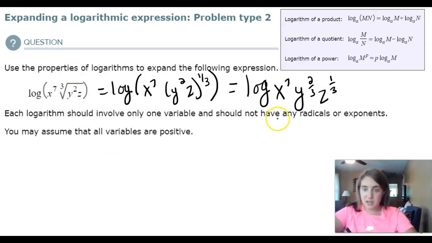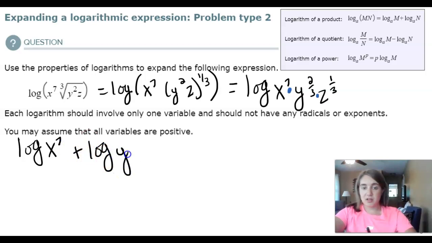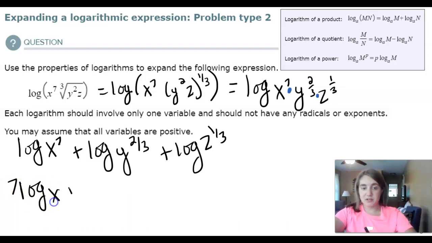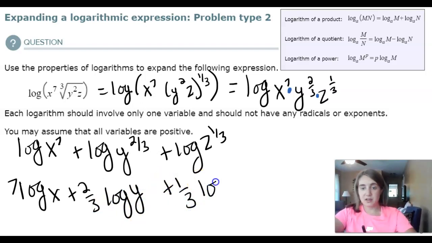And I have multiplication between all these. So I can write that as 3 different logs. X to the 7th, y to the 2/3, z to the 1/3. I'll bring my exponent to the front. I know my base is 10. I just have an invisible 10 in all these places.